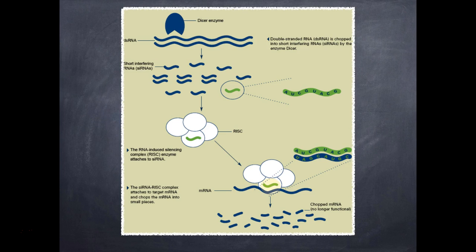Double-stranded RNA, commonly known as an invading virus in eukaryotes, can be bound or chopped up by an enzyme called the dicer enzyme, which can chop up double-stranded RNA into pieces, resulting in many, many siRNAs, or small interfering RNAs, being produced.